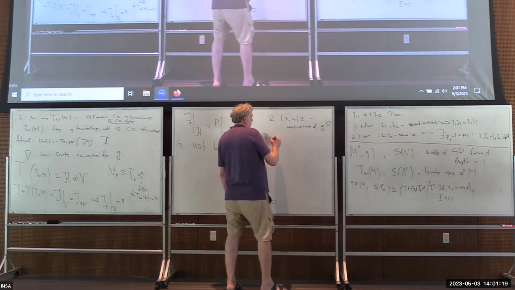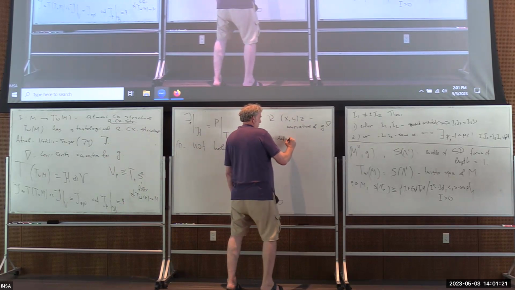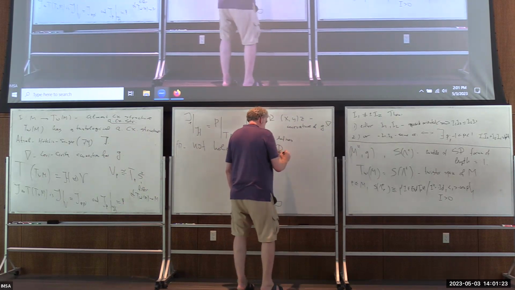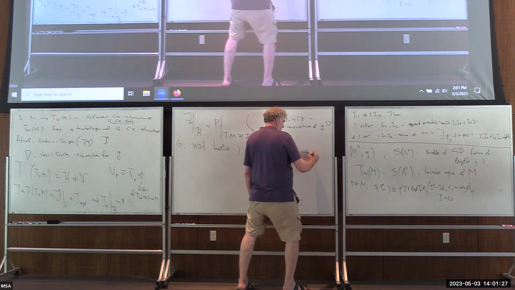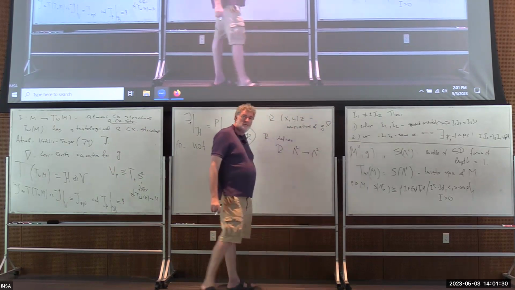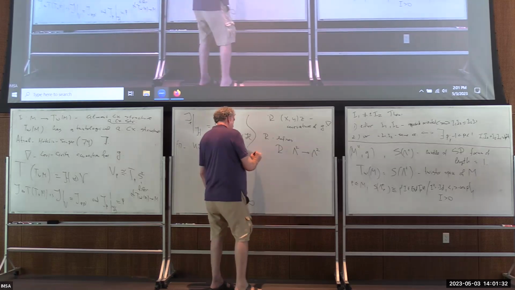R also defines an operator from two-forms to two-forms by this formula.